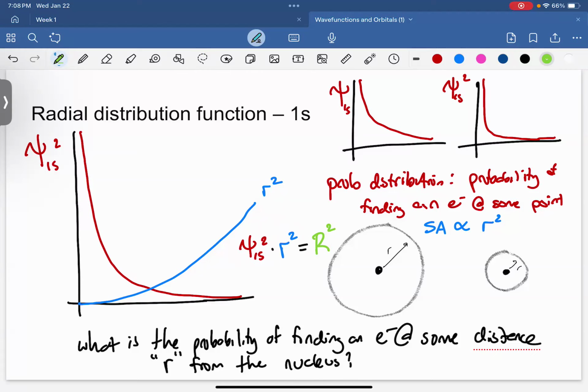And so you can just see qualitatively, we're going to do a lot of qualitative math in this class, very little quantitative math. At distance 0, so this is always label your own, r squared is 0. Wave function is large, but something large times 0 is still 0.